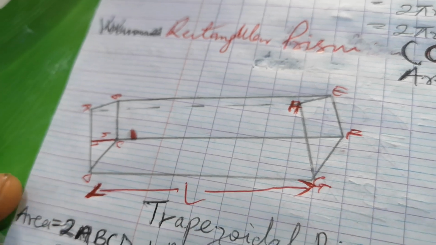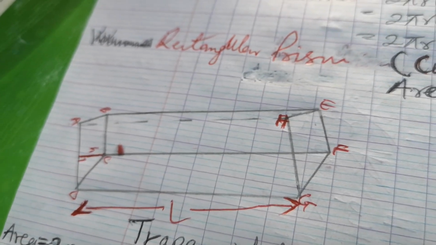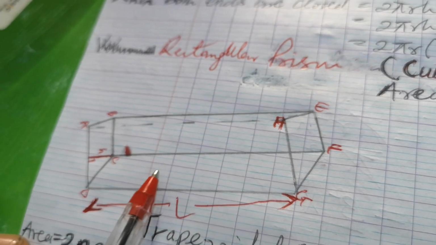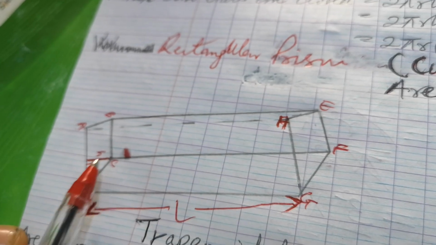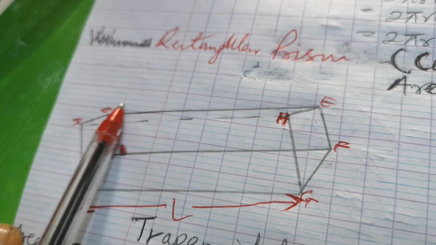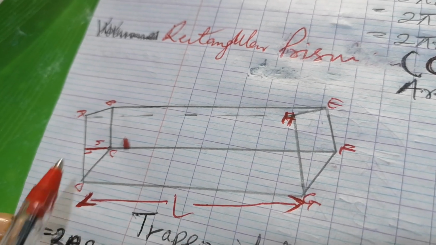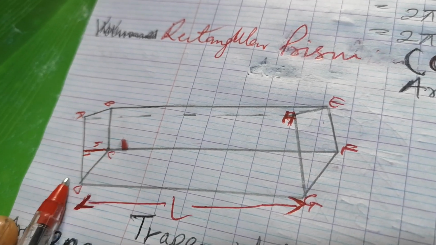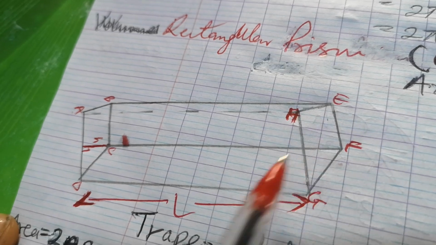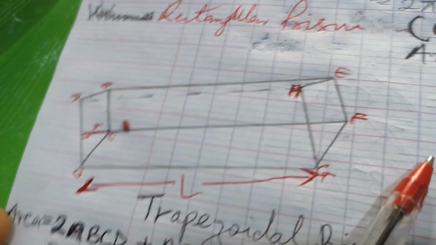Okay, fine. Now, if we want to find the area of this trapezoidal prism, it means finding the areas of all these rectangles that I have just mentioned, and also the area of this trapezium here and this trapezium here, and summing them all. It will give you the area of the trapezoidal prism.